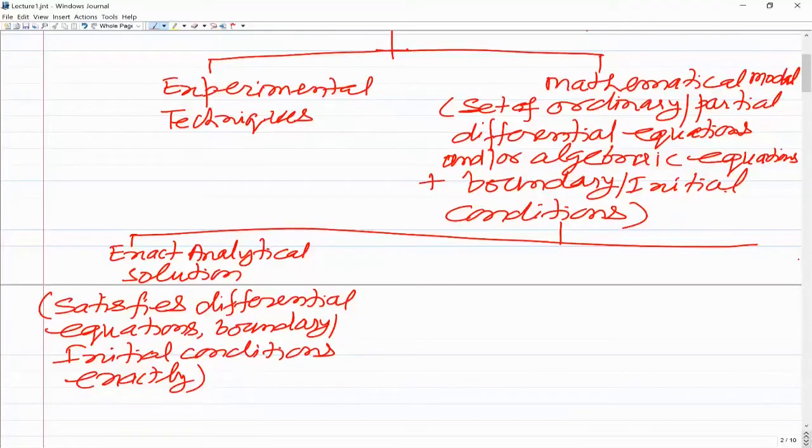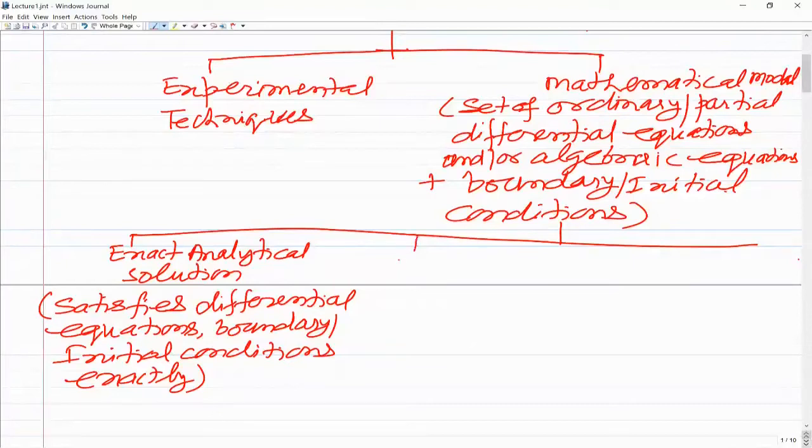Sometimes we do take components, idealize their boundary conditions and geometry, and use whatever exact analytical solution is possible, sometimes in the initial design phases. But that is based on some approximations. So another approach is to get approximate analytical solutions.